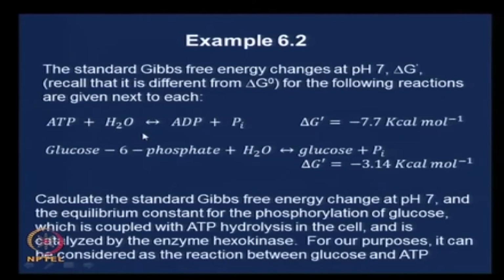If you recall, that is one of the first reactions in glycolysis and is catalyzed by the enzyme hexokinase. For our purposes it can be considered as the reaction between glucose and ATP. Just take it as a reaction between glucose and ATP.